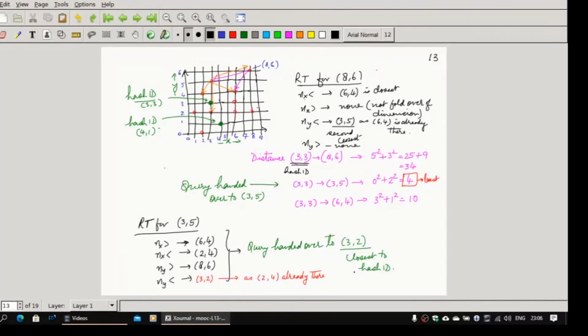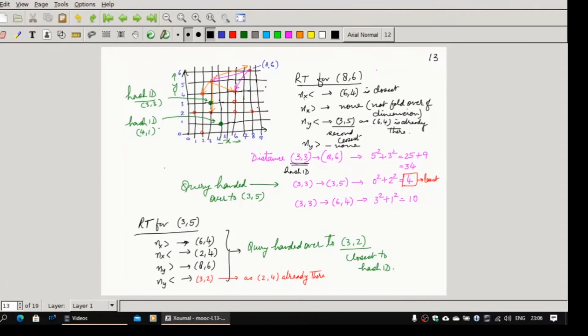For ny less, if I choose, 3,5 will be the next closest entry because 6,4 has already been occupied. For ny greater, there is no entry. Now if we compute the distance of 3,3 from each of these options, 3,5 has the least distance from 3,3, which is 4.